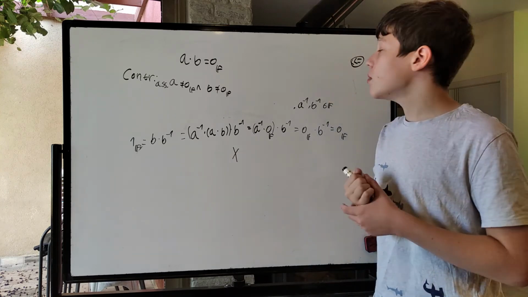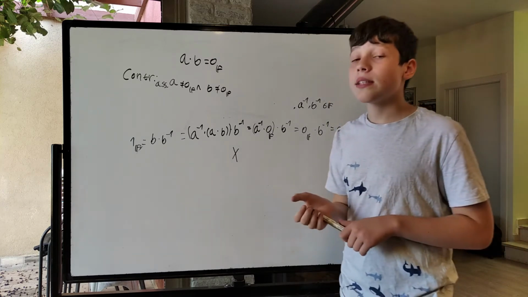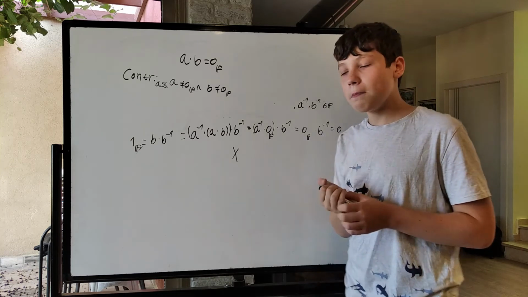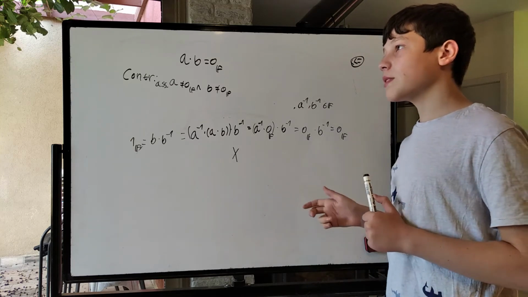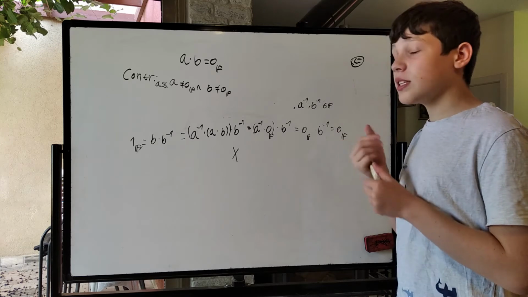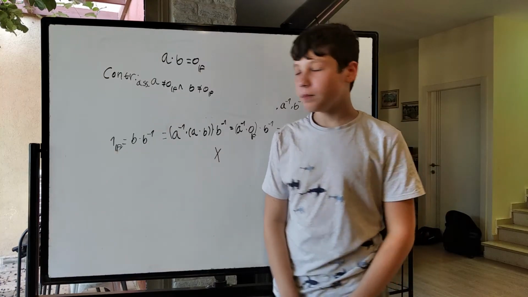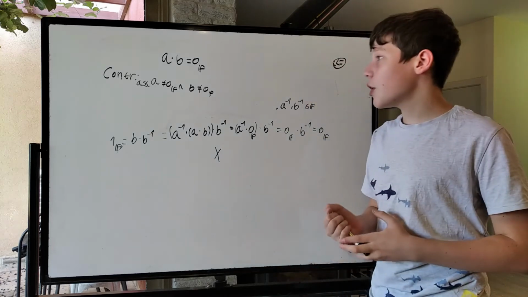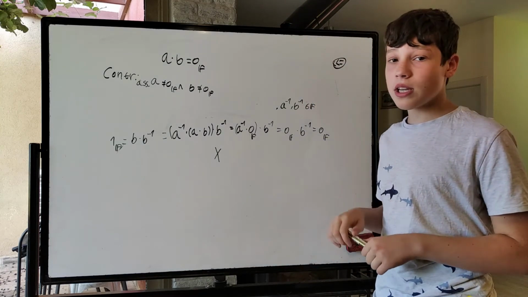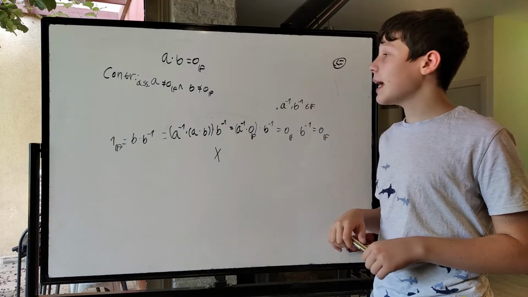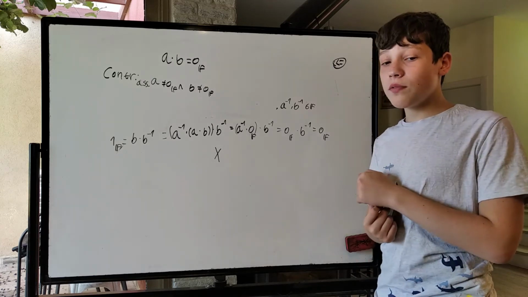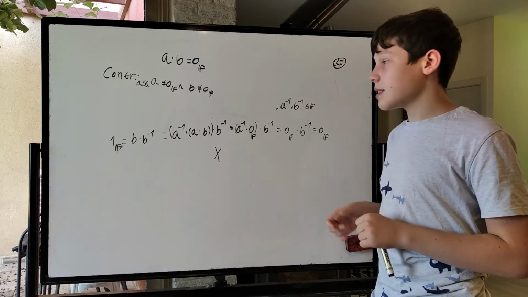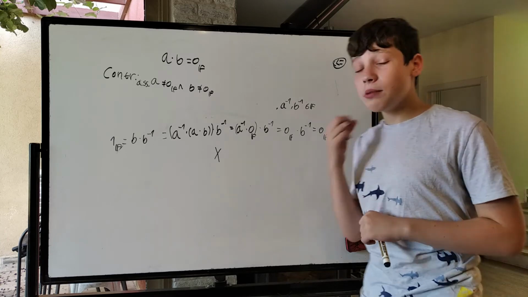You could also, by the way, prove this with cases, even though we proved this with contradiction. So you can say, well, if A is 0, we're done.